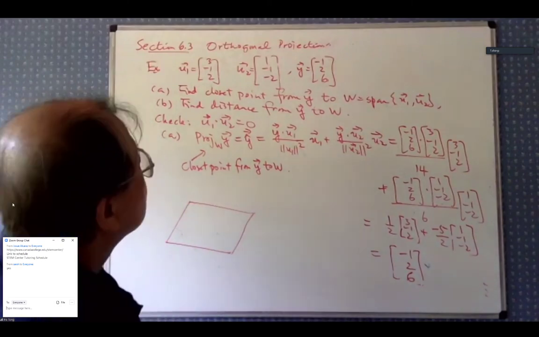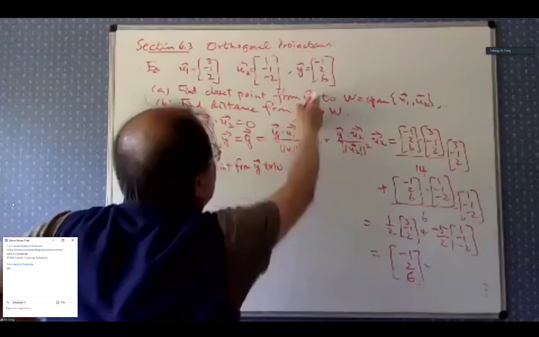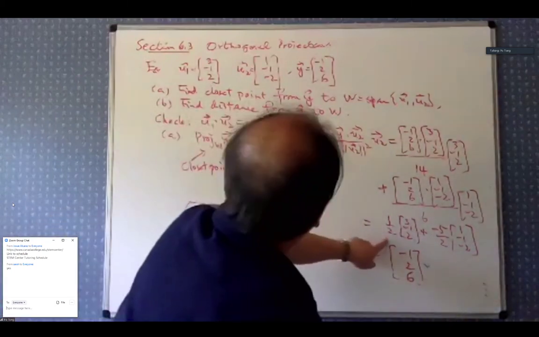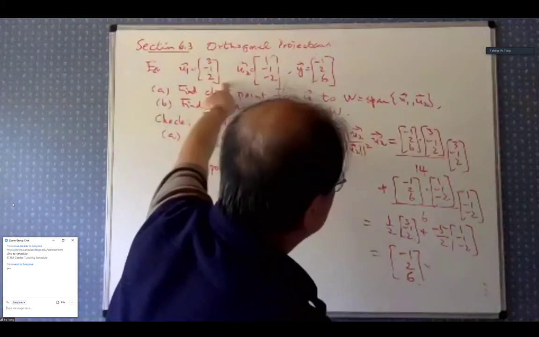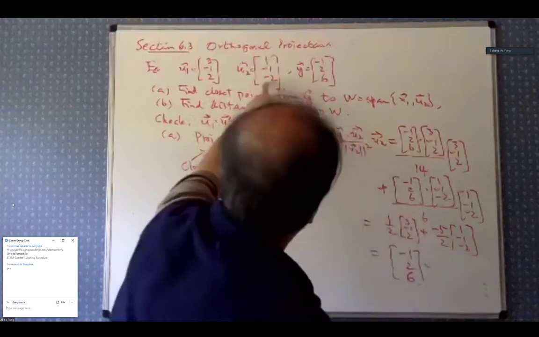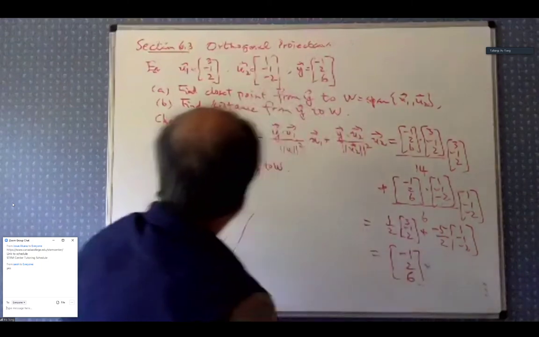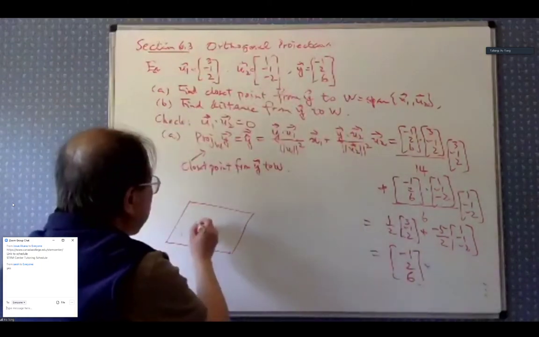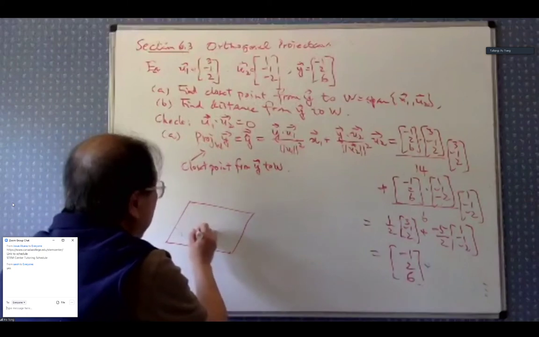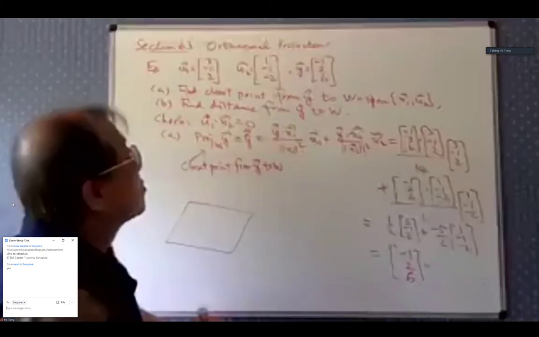Okay. So it turns out that this vector is 1/2 of this minus 5/3 of the other one. That means originally my y is already like this. So you have this u1 and u2.